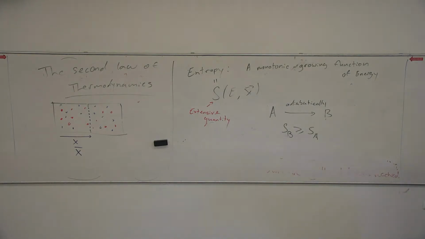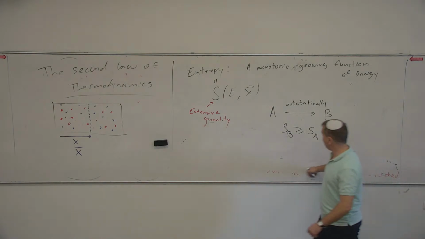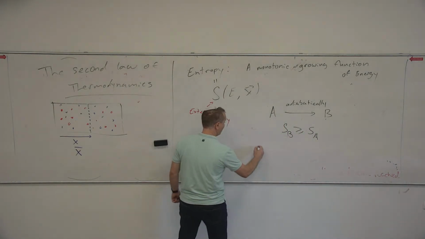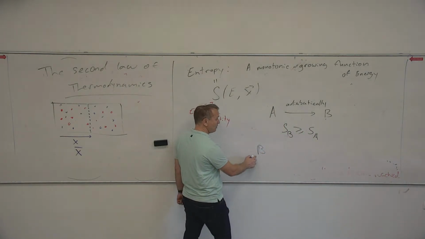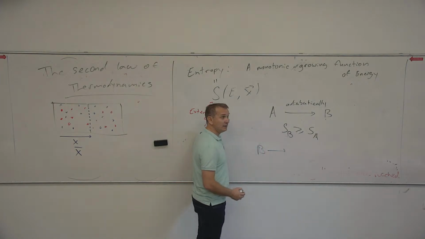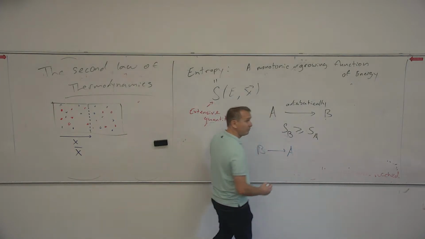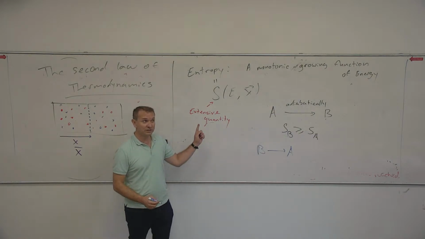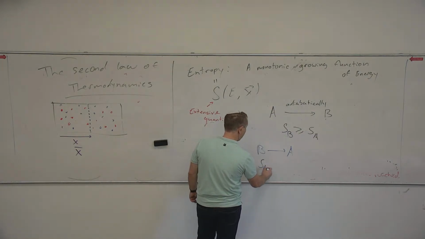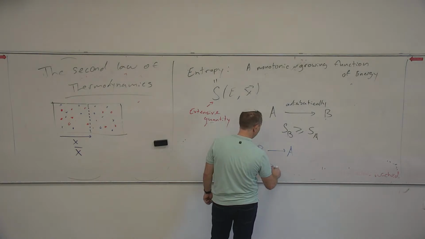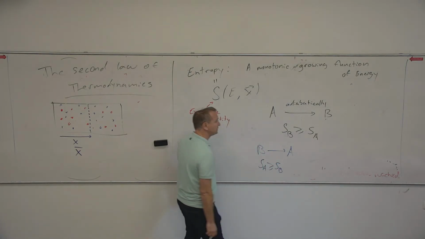By the way, what happens if from B I can go adiabatically to A? According to the second law, S_A is greater than or equal to S_B.